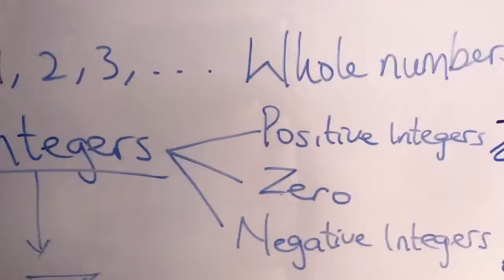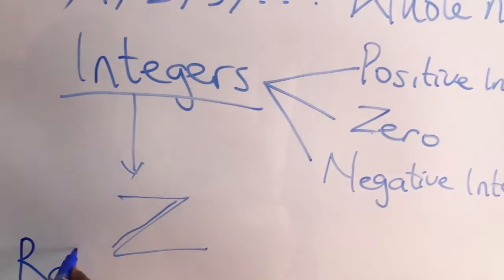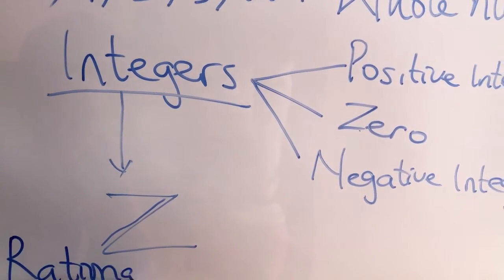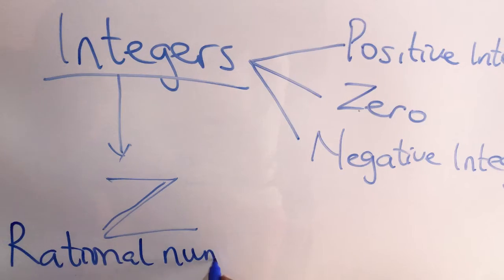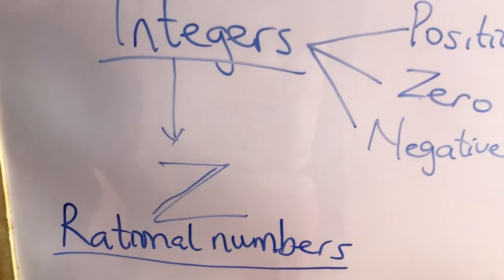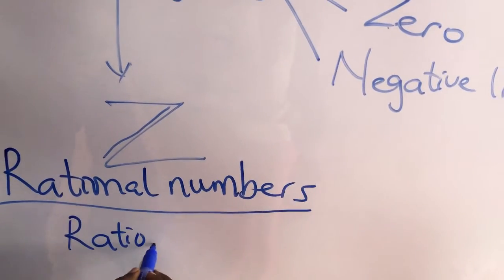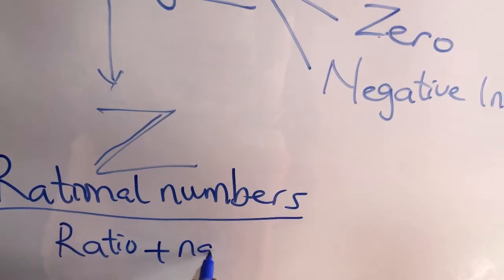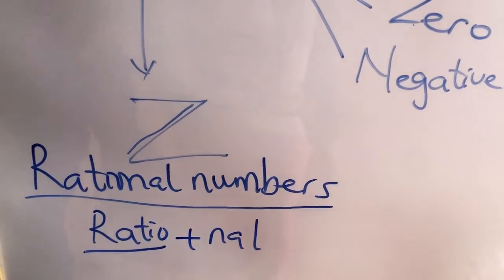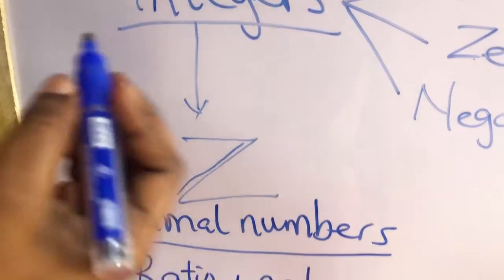Now let's talk of rational numbers. If you look at the word rational, you can see we can deduce ratio from it. This ratio means you are writing natural numbers in form of fraction.